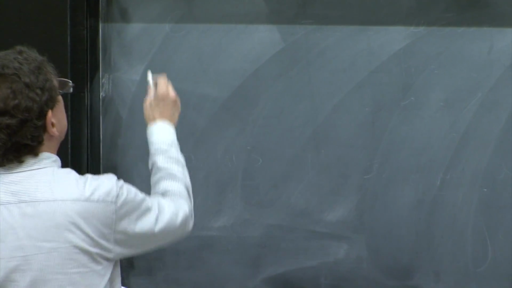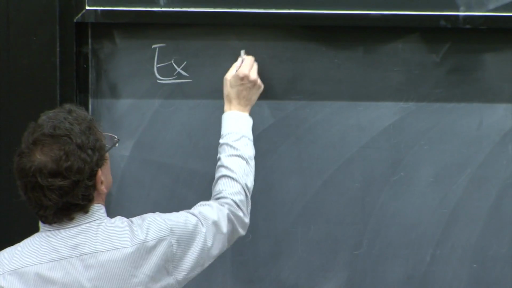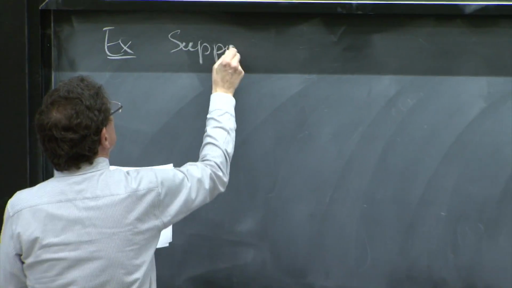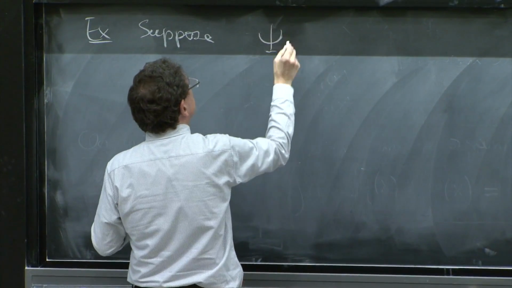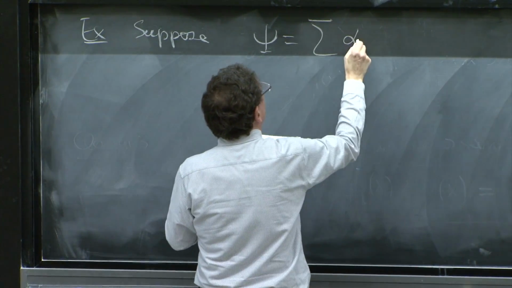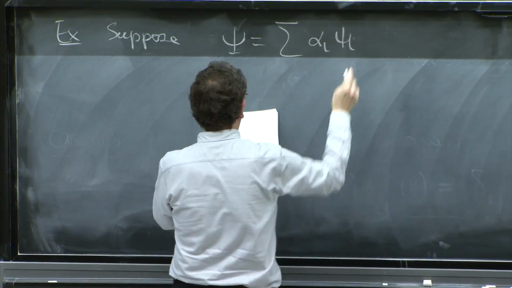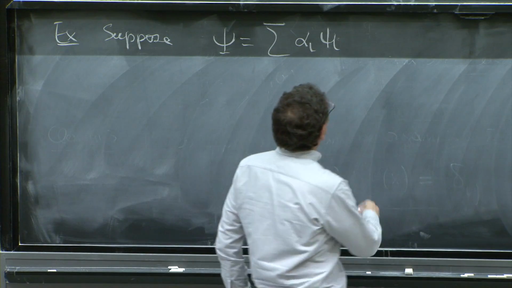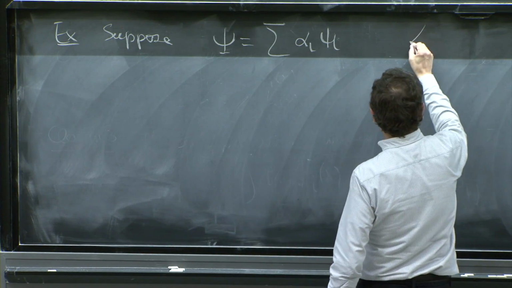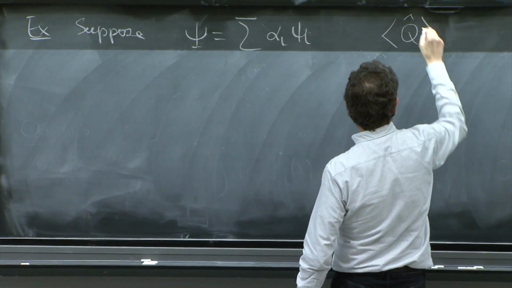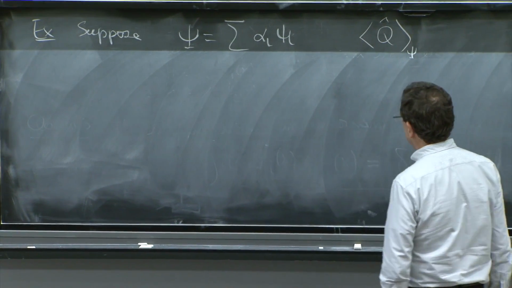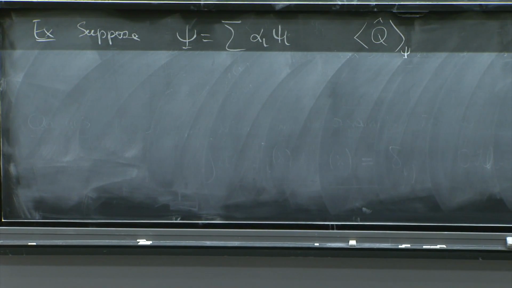So suppose you have indeed that psi is equal to the sum of alpha_i psi_i. Compute the expectation value of Q in the state psi, precisely the expectation value of this operator we've been talking about, on the state.